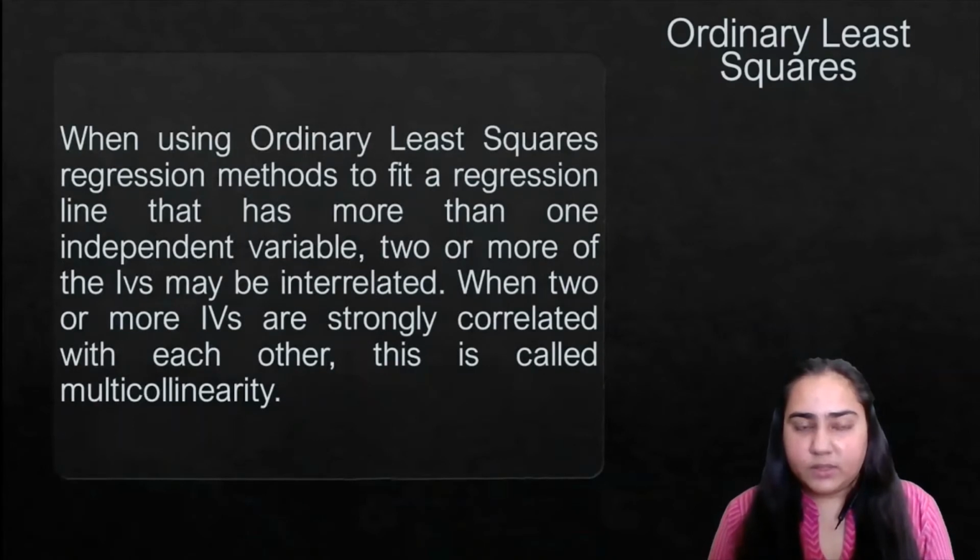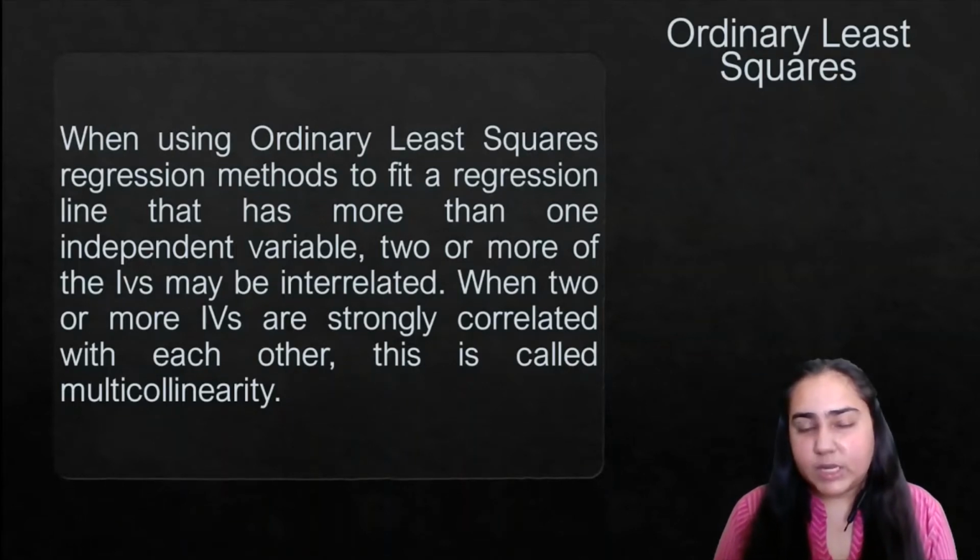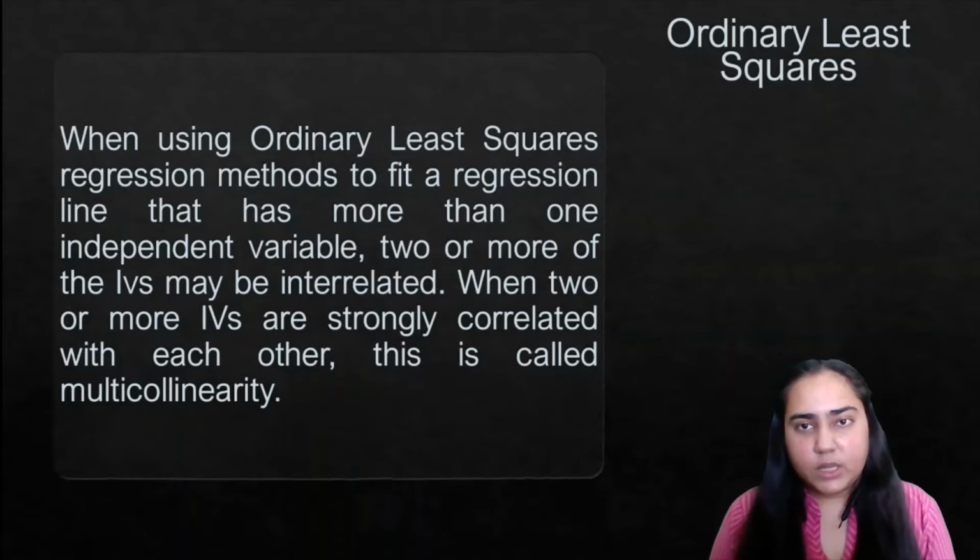When you're using OLS to fit a regression line that has more than one independent variable, two or more of the IVs may be interrelated. This is something you need to consider: your independent variables might also be related among themselves. For example, if you were trying to predict something about a car and the independent variables were the size of the car and also how much fuel you can fill into that car.